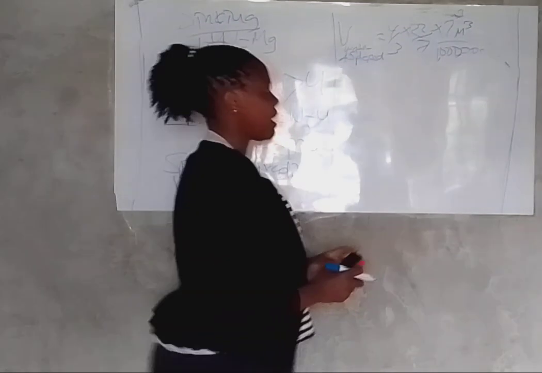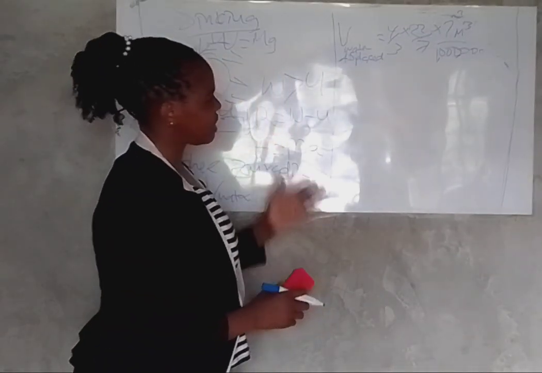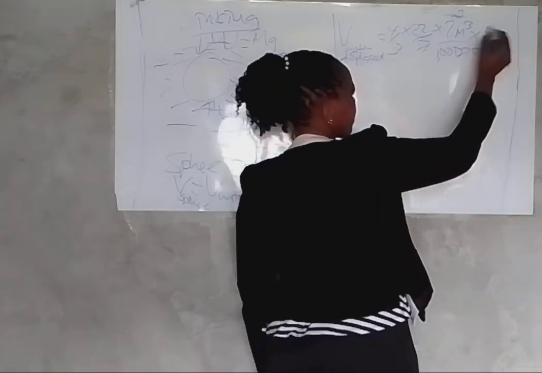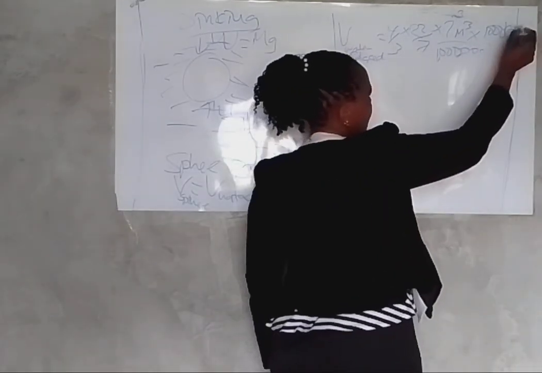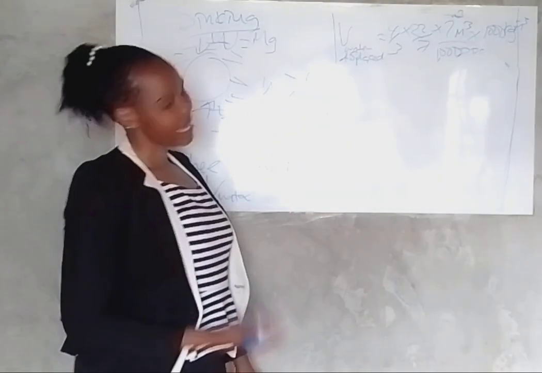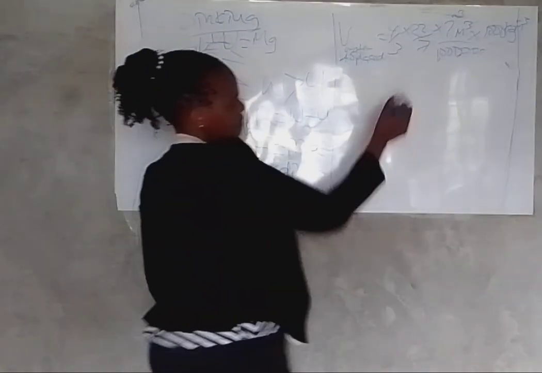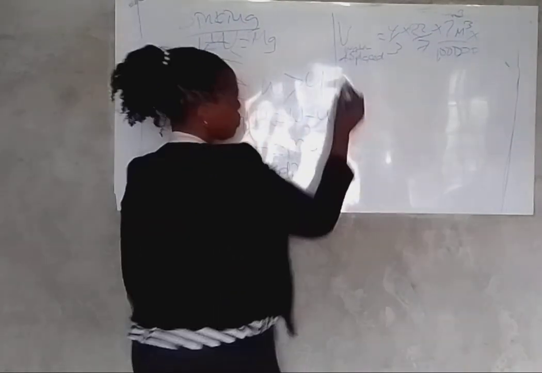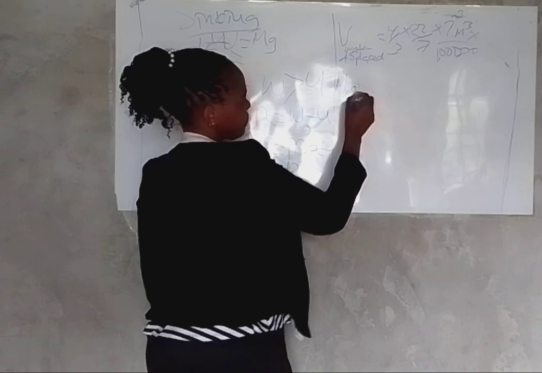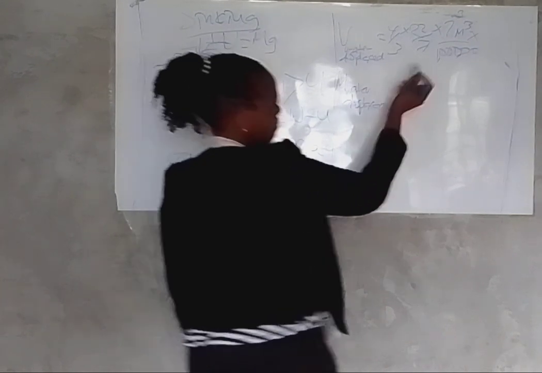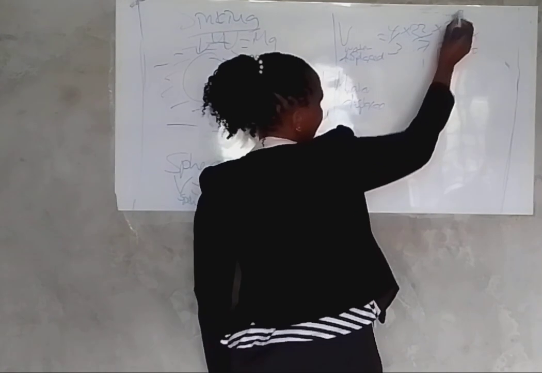Okay? So 4/3 pi r cubed, that's the volume, times the density of water, which is 1,000 kilograms per cubic meter. Now that gives us mass. So the mass of water displaced becomes, let's say this cancels and this leaves 2.